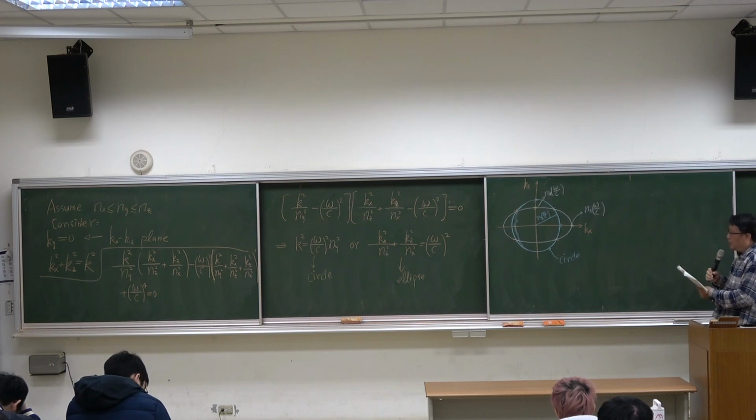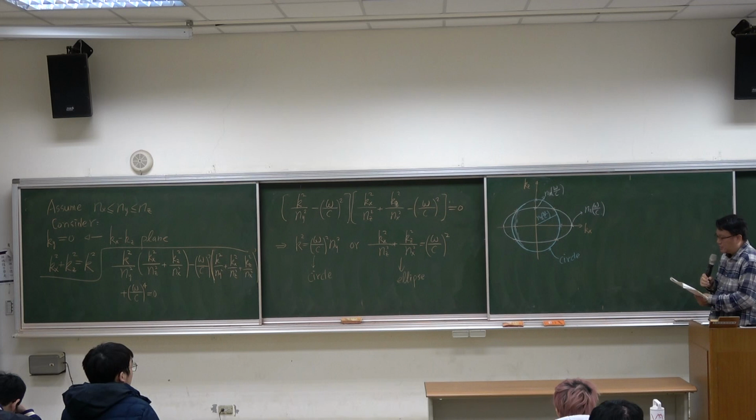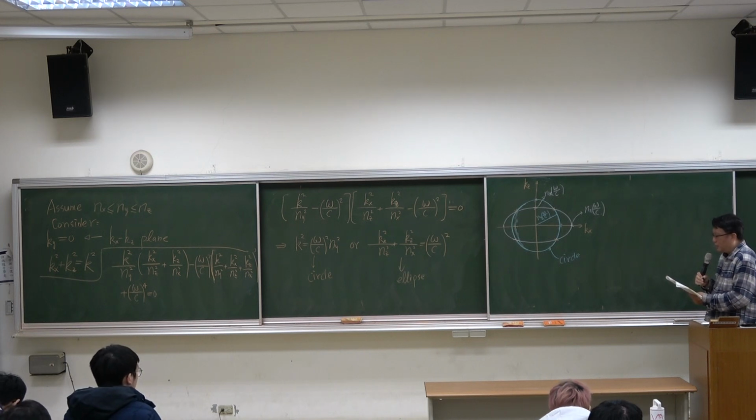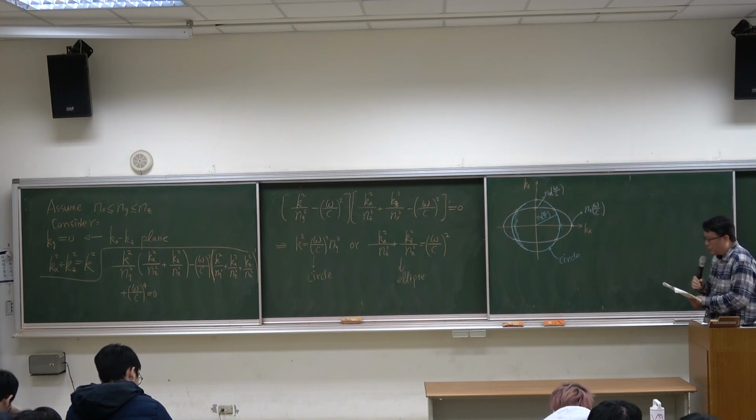In other planes of coordinate, you just get a bigger ellipse with a smaller circle, or bigger circle with a smaller ellipse.